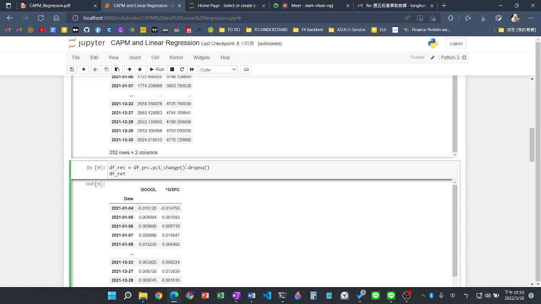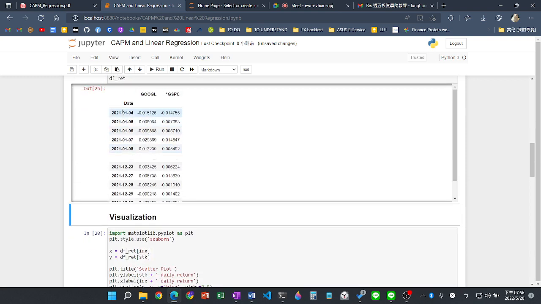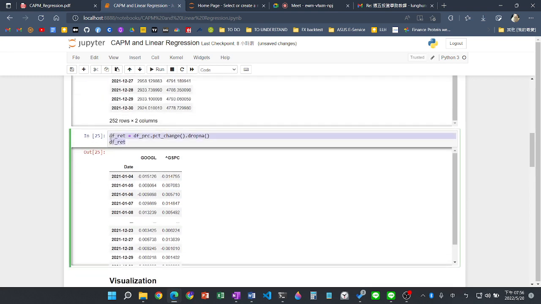But we also want to drop the NaN again, because we don't have the first row of data: for the first day we don't have the last day's information, right? So we will have a NaN value on the first row, and we need to drop that. Okay, so after we do that, we have our df_return data frame.